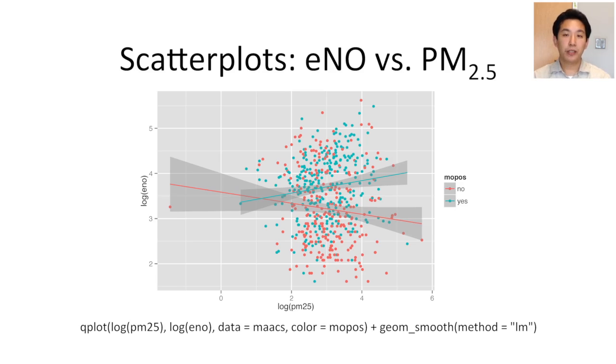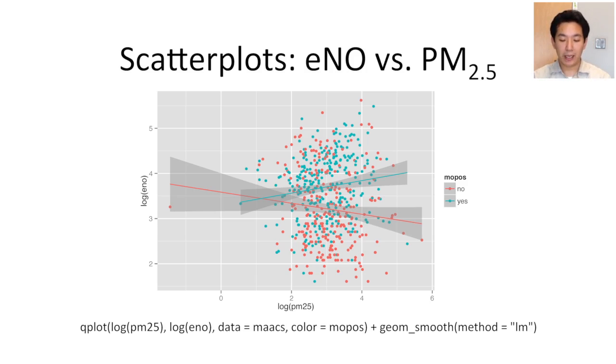One of the things you can do is to smooth the relationship between log PM2.5 and log ENO, and I want to look at how this relationship is different in the two groups. So I set the geom to be a point and a smooth, and rather than use loess, I'm just going to say I want to use a standard linear regression model. So I say method equals lm.